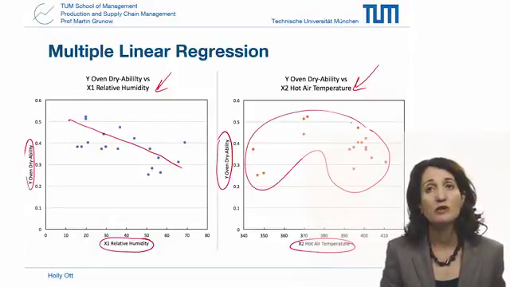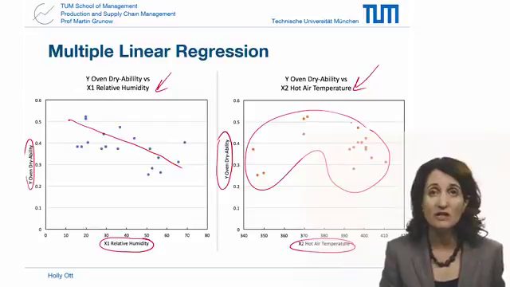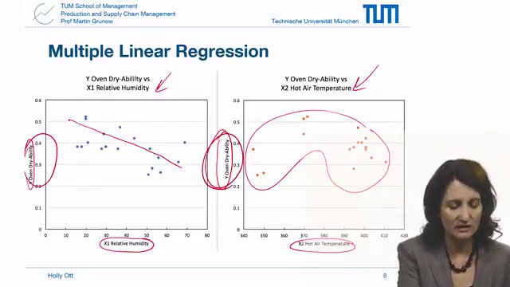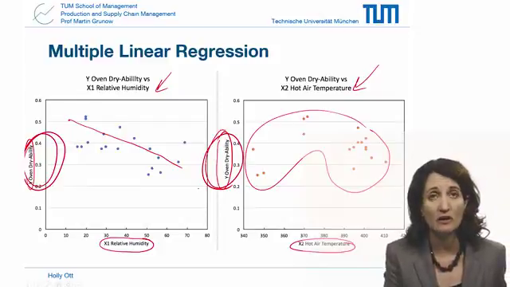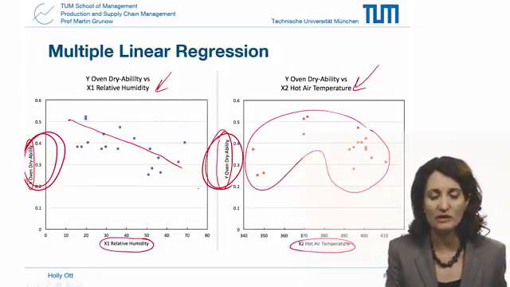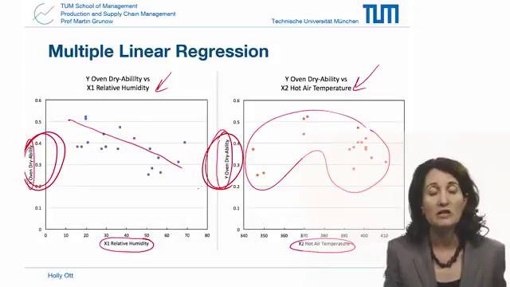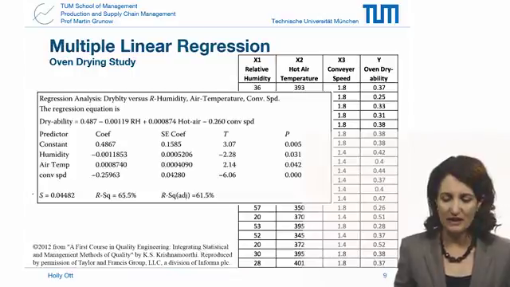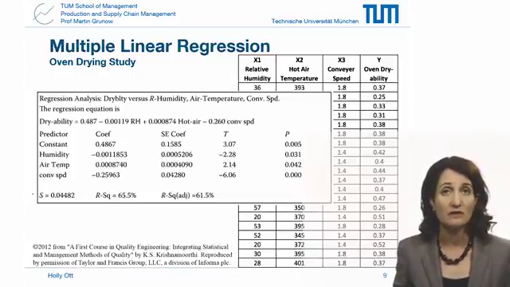So what we want to do now with multiple linear regression is to combine these two factors together, and of course our conveyor belt, x3, in that linear model to see if we can get a better result, a better model. And what we see here is the result from Minitab of the regression performed on these three variables.